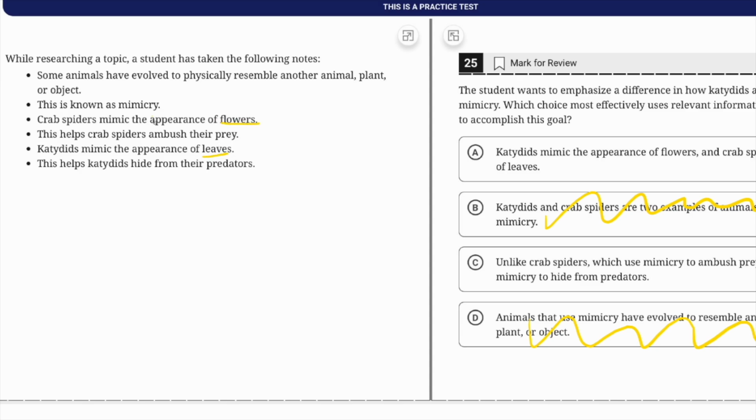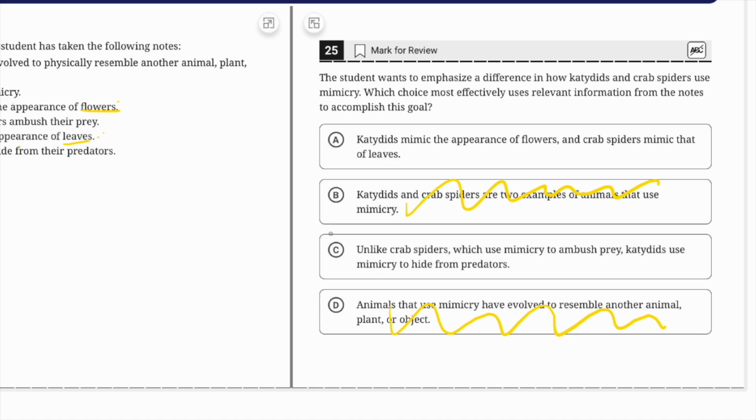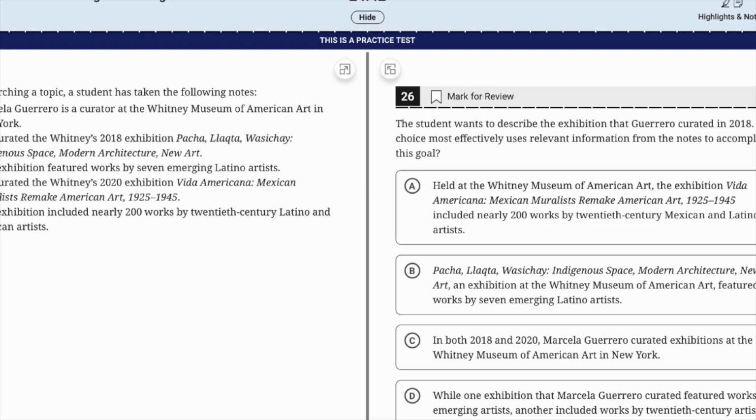They both mimic the appearance of plant matter, but I think the bigger difference is what they use it for. I'll have to check the answer on this, but I would go with C. That's tricky. How they use mimicry. I mean, they use it. I think C is going to be correct there.